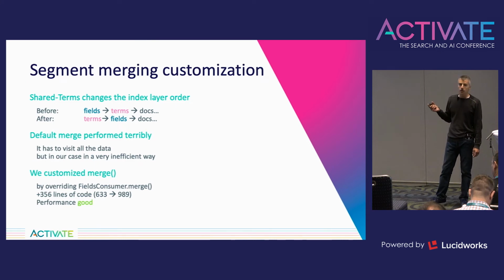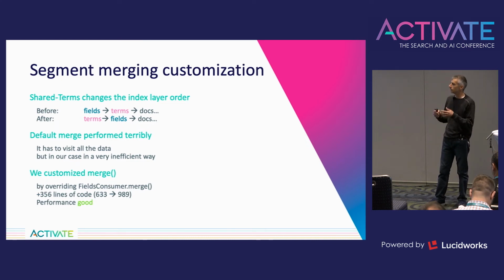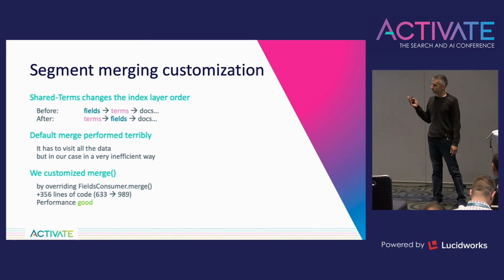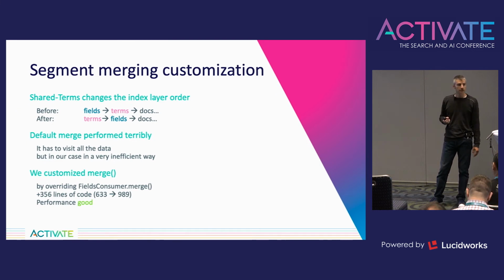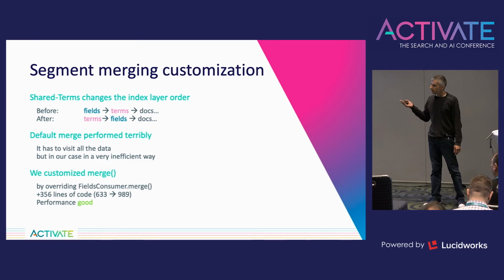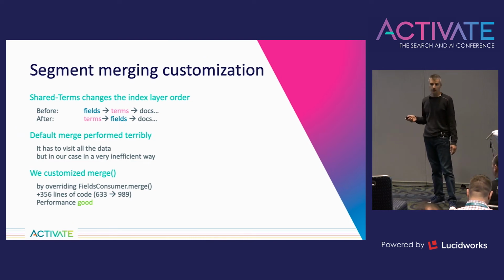The default merge is designed for the regular ordering, and it performed very inefficiently when swapping the index layers. Hopefully, we could customize it by overriding the merge method. It adds some complexity, but eventually we fixed the issue and we could merge as fast as normally expected.